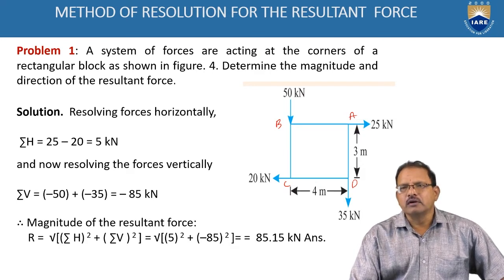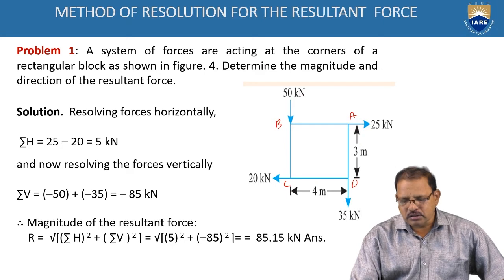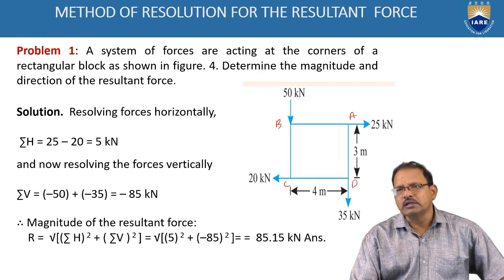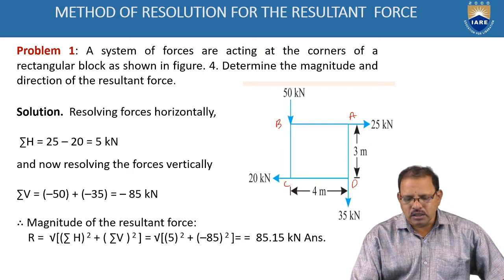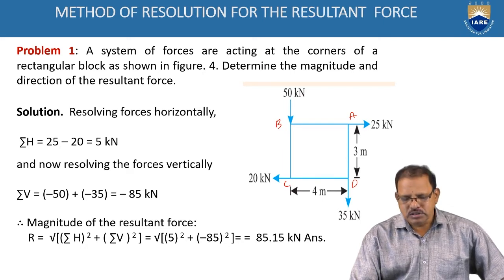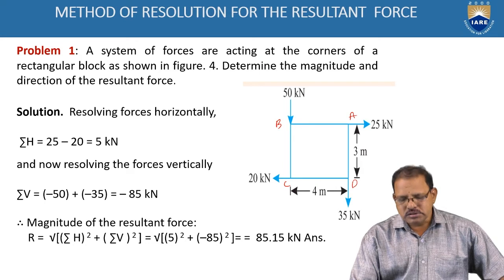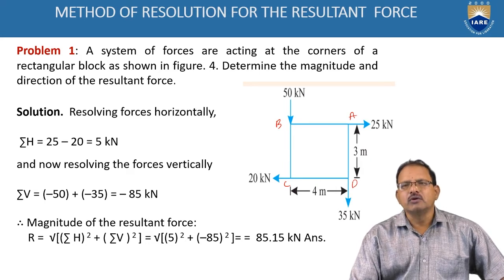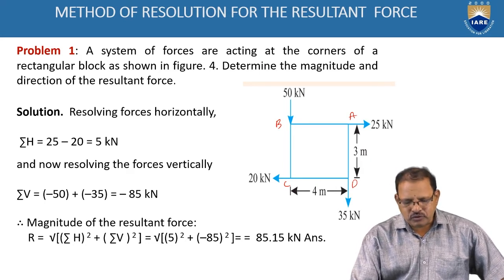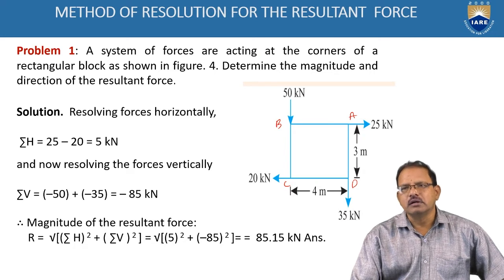At A, a 25 kilonewton force is acting horizontally toward the left side. At B, a 50 kilonewton force is acting vertically downward. Similarly, at C, 20 kilonewtons acting horizontally toward the left side, and at D, a 35 kilonewton force is acting downward.